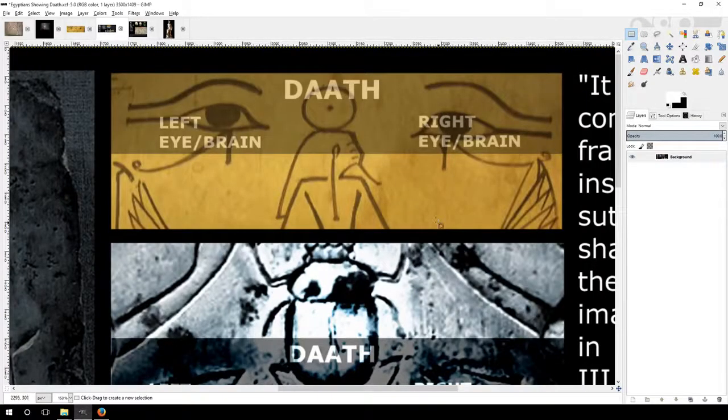Okay, so here is the hieroglyph showing the left eye, and really that means the left brain, because if someone's looking at the profile and you take the right half of their brain off, you're going to actually look into the internal parts of the brain, kind of like what Michelangelo showed us.